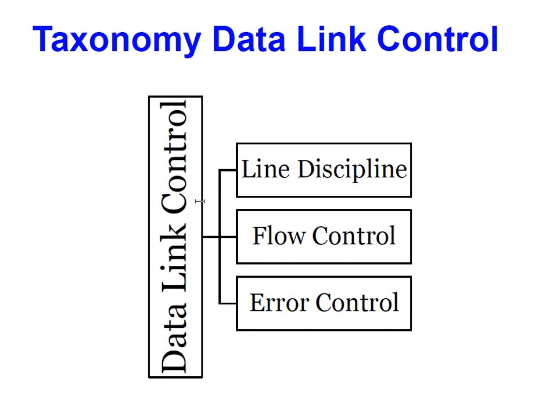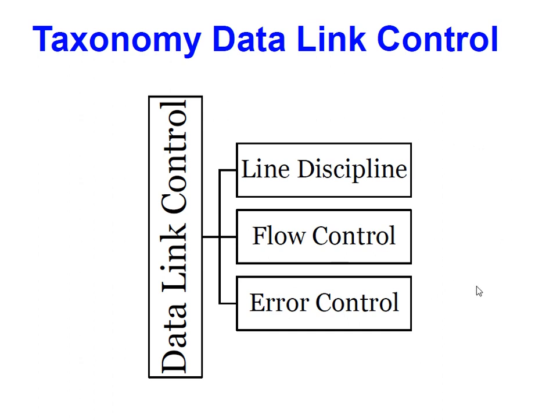So you see this in the case of data link control. It is just like a student who is being monitored, being controlled, well disciplined, and second, how that student should maintain his day-to-day activities, just like flow control. And third, in case any error is there, how that student can overcome that error.